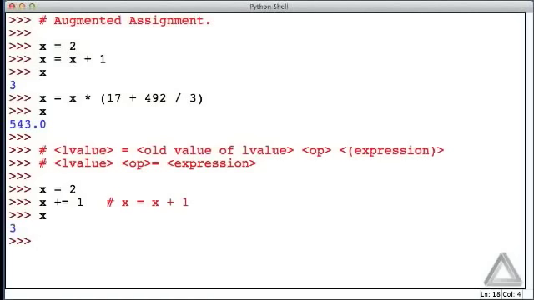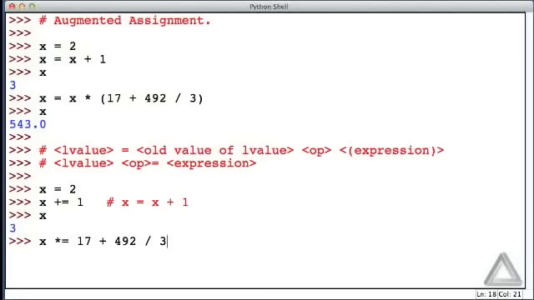That other expression that we had up above where we scaled x by a value, well, there the arithmetic operator was multiplication, so we write that next, then the equal sign, and then we can write 17 plus 492 divided by 3. And in this case, the entire right-hand side is evaluated before scaling the value of x.